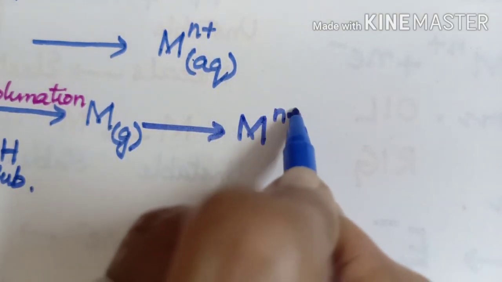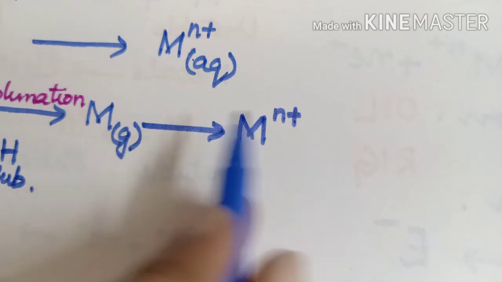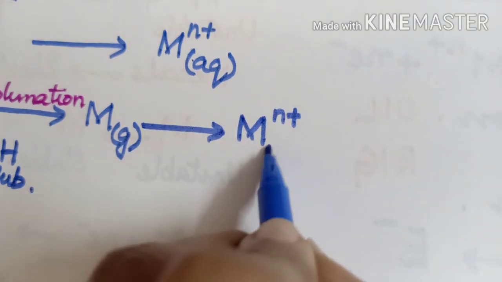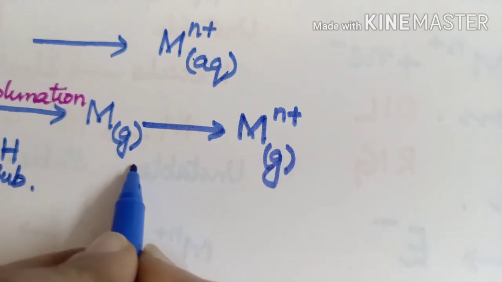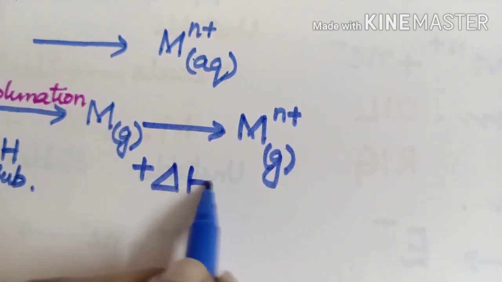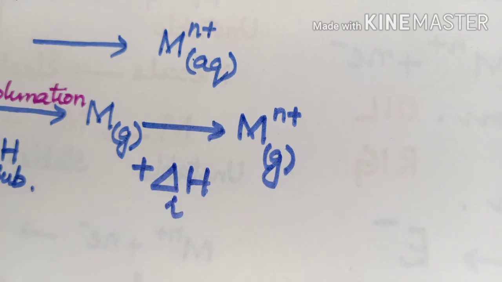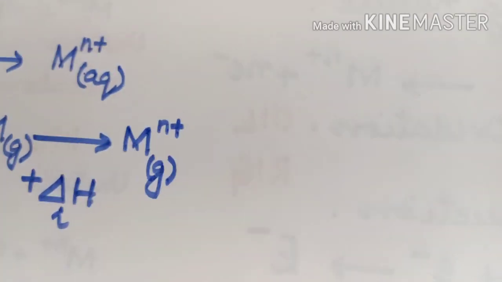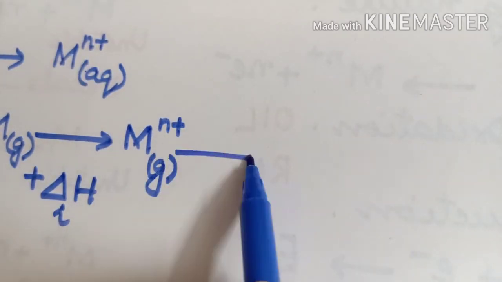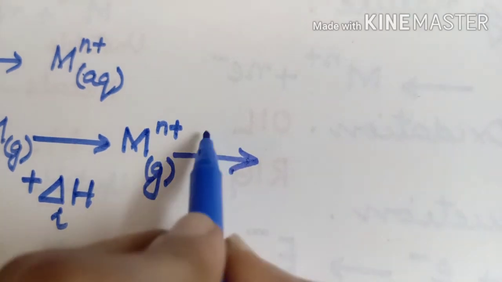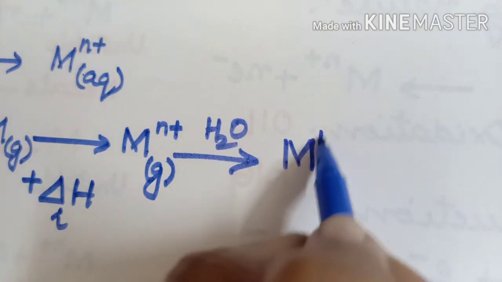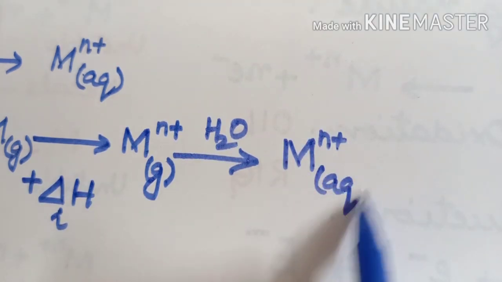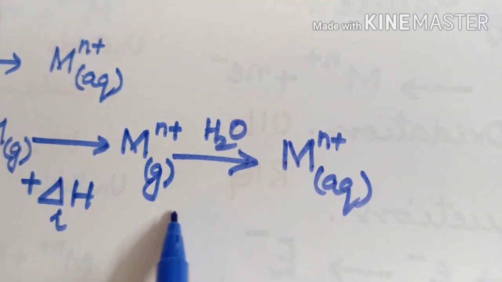So when it is converted to the ionic form, it has to remove the electrons. So this is still in the gas form. So the energy involved here is known as delta H i, that is ionization enthalpy. Now finally, this has to be surrounded by water molecules, and you find that the energy change involved here is known as hydration enthalpy.